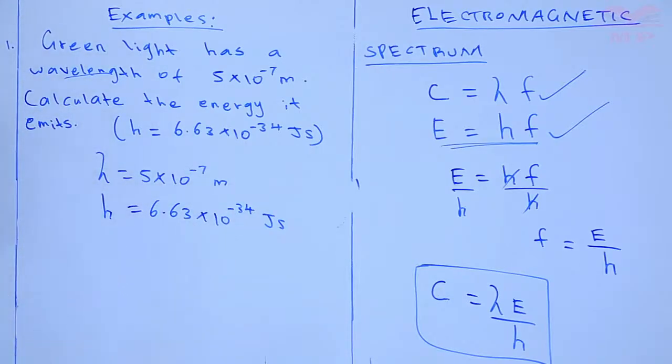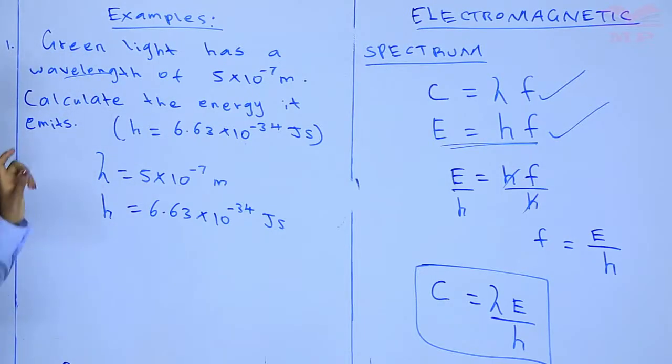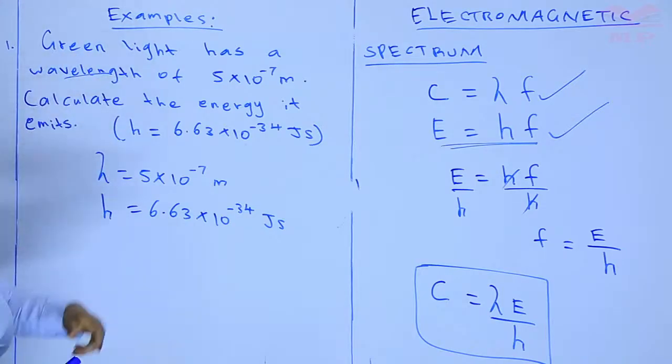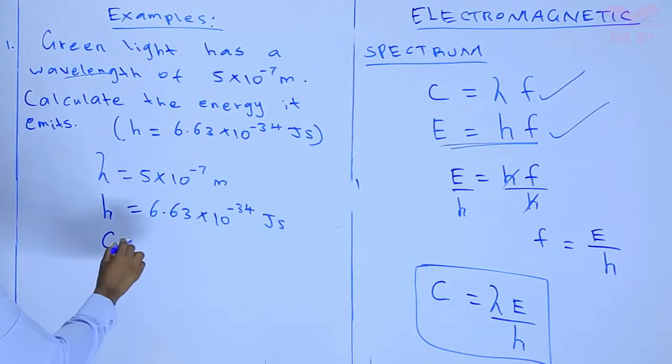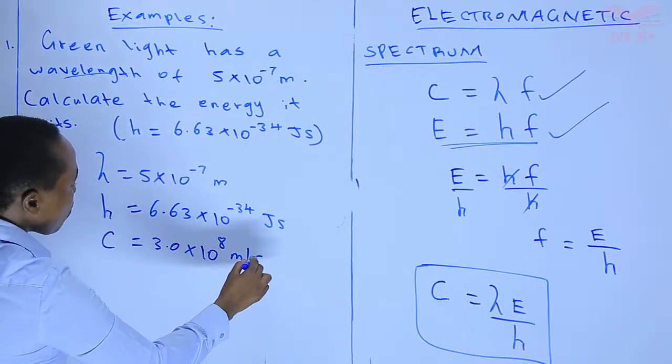Now, from this, what else do you think we have been given, though it may not be written here? What else do we know? Now, we are talking of green light. Green light is an electromagnetic wave because it is in that group of the visible light. And therefore, the speed of the green light is the speed of light. And therefore, we have c, which is 3.0 times 10 power 8 meters per second.